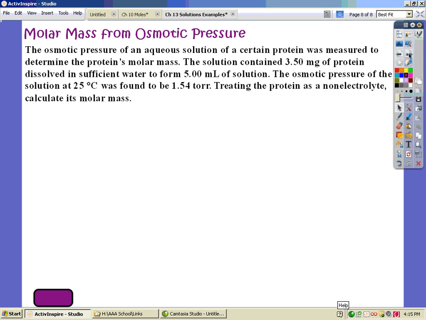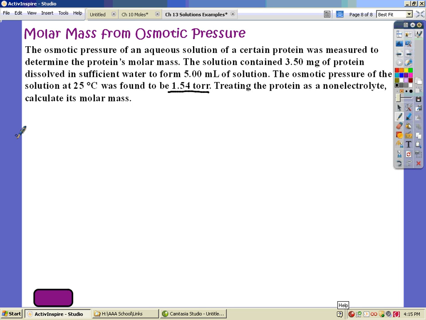So here I have some protein, and it's dissolved in some water, and it tells us what the osmotic pressure is. Remember, the osmotic pressure is the pressure that is pushing the solvent through the membrane during the process of osmosis.